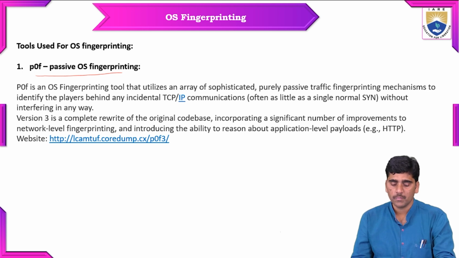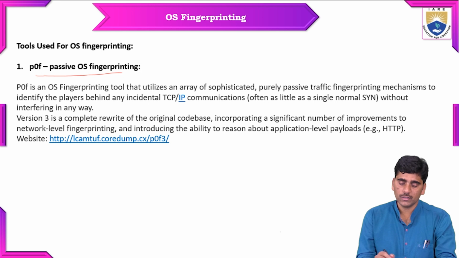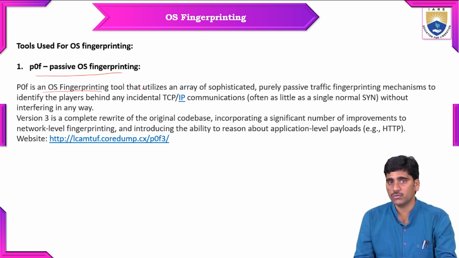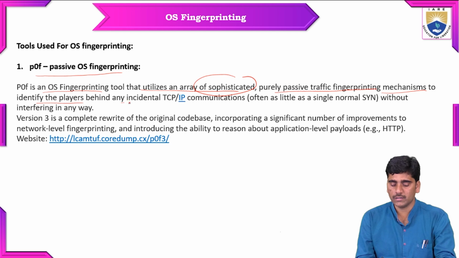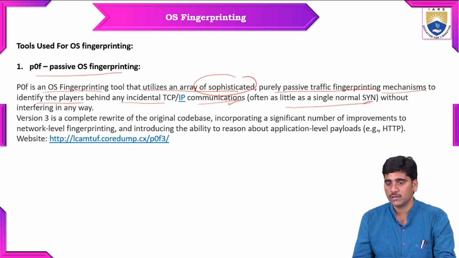It is an OS fingerprinting tool that utilizes an array of sophisticated, purely passive traffic fingerprinting mechanisms to identify the players behind any incidental TCP/IP communications, without interfering in any way.